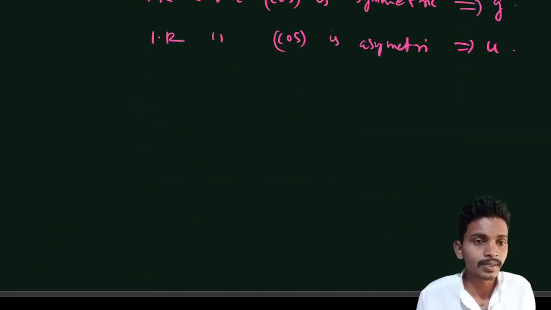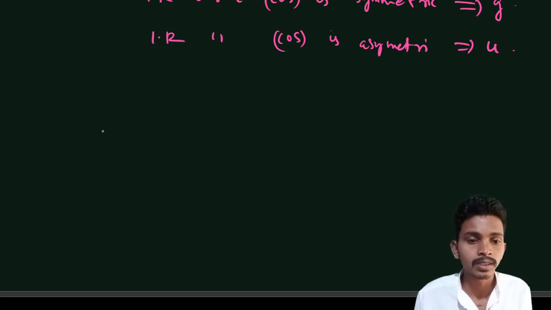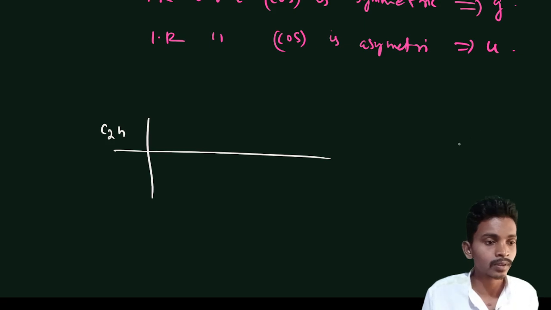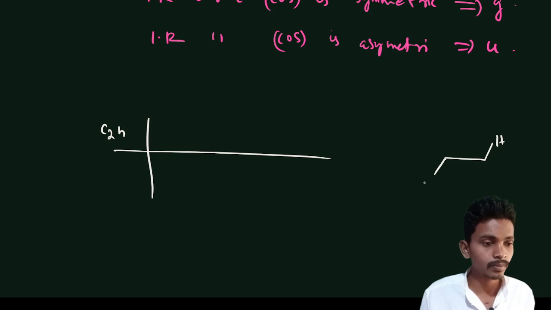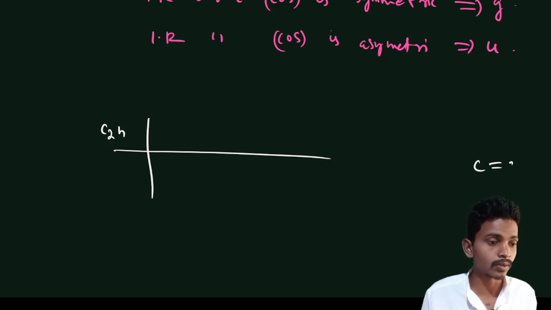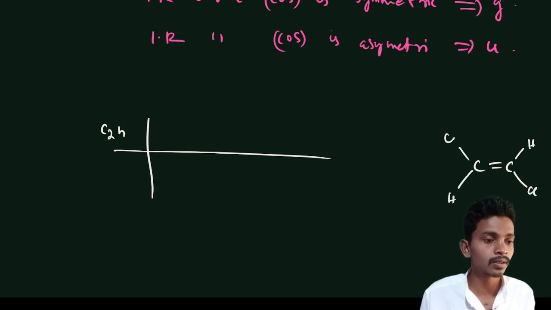Like if I say C2H, okay, C2H, these are the molecules, like here is H. Let's say C2H molecule, I will draw here. Let's say this is H, here Cl, here Cl.